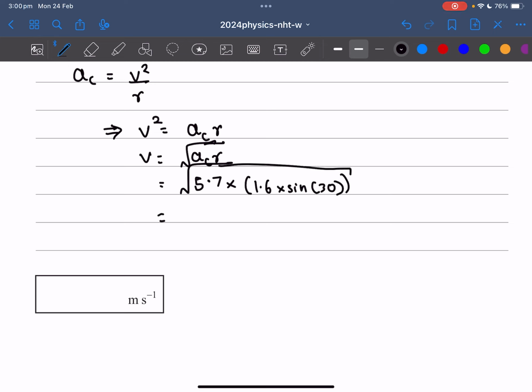Alright, so let's calculate that. 5.7 times 1.6 times sine of 30, we will get 2.14 meters per second. Okay?